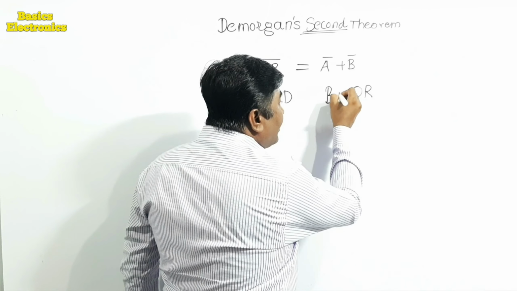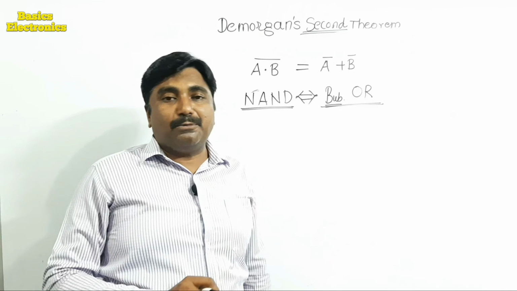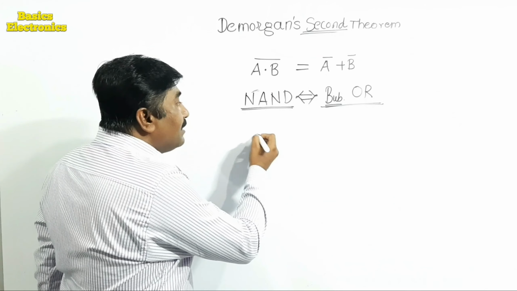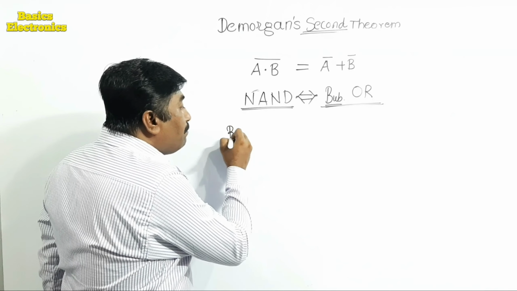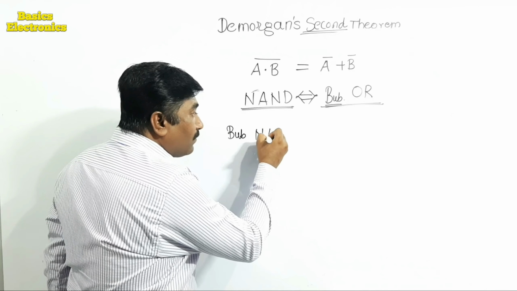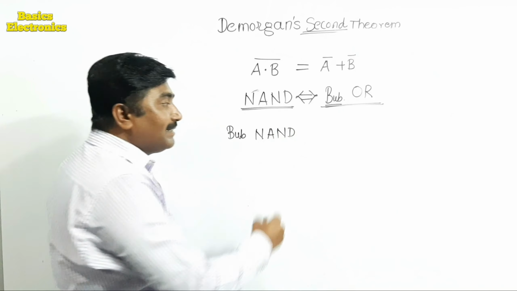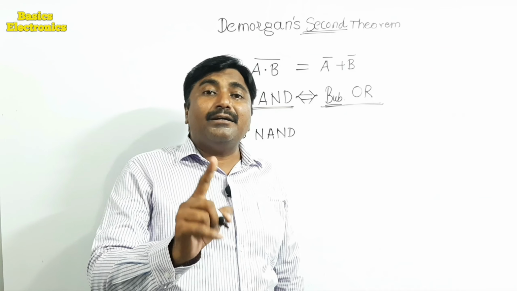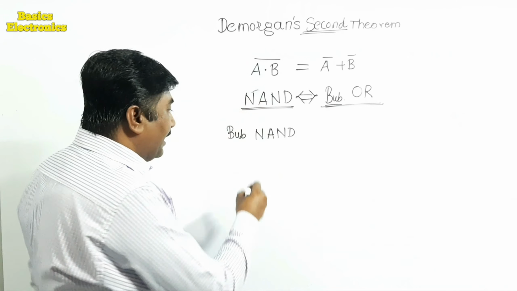Now if we exchange the bubble, the inverted input, it means the bubbled NAND gate is the NAND gate having inverted inputs applied like this.